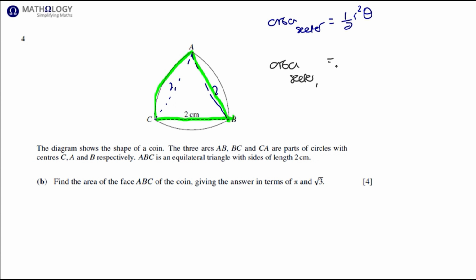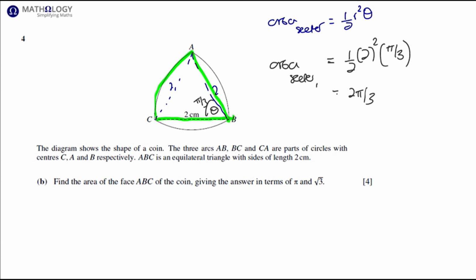The area will be a half, the radius is 2, so it's a half 2 squared, and theta is that angle. It doesn't make a difference, it's an equilateral triangle. That theta is pi by 3. So half times 4 will be 2, times pi by 3 is 2 pi by 3.